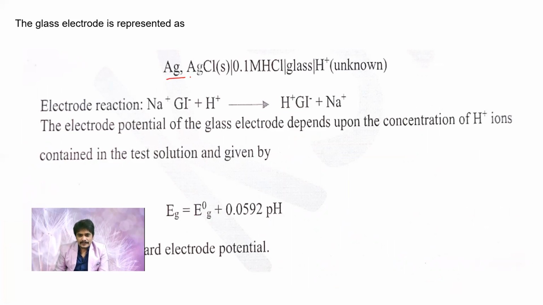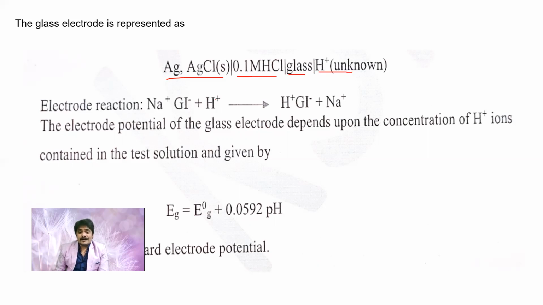Ag, AgCl solid, which is silver coated with silver chloride, and 0.1 molar HCl solution, which is the internal solution, and glass, and H+ unknown. So we are going to take the H+ unknown, meaning the solution whose concentration is unknown, externally. That I am going to discuss while determining the pH of the solution, making use of the glass electrode.